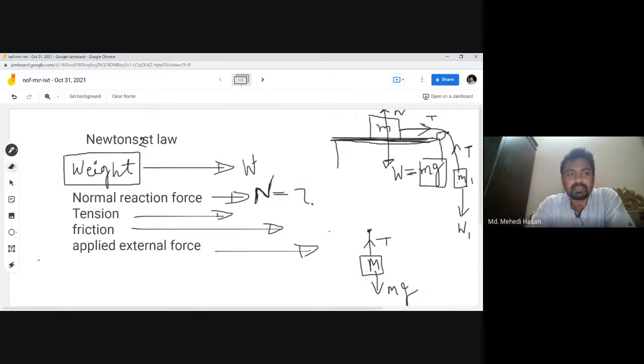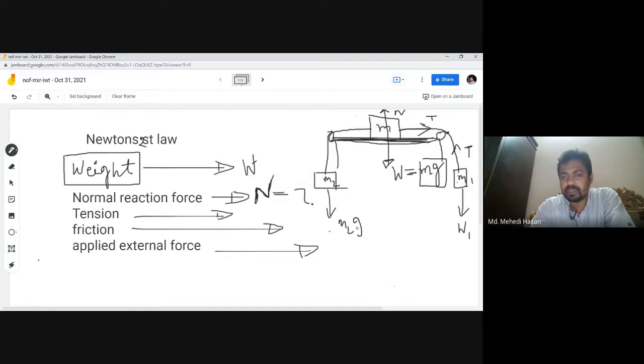And another thing is that if we take different strings with different objects, for example, if we take another object here, the M object is attached with another object which is m2, then the weight is downward, which is m2g, or w2.